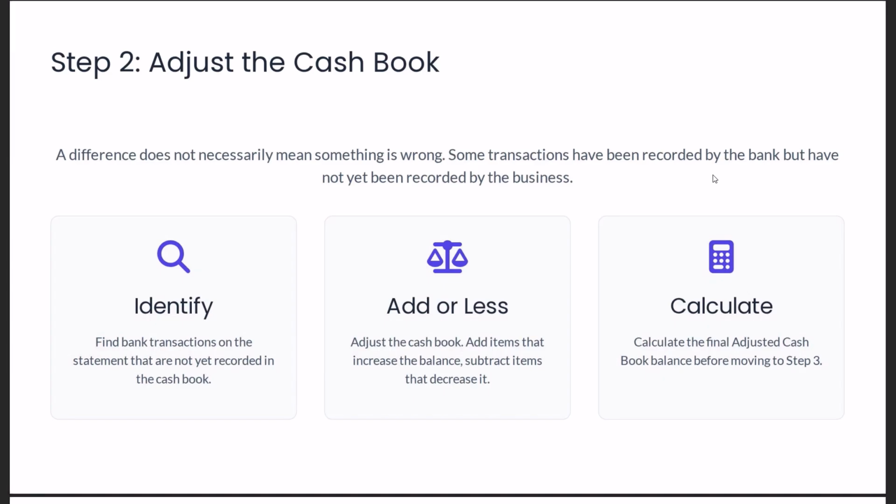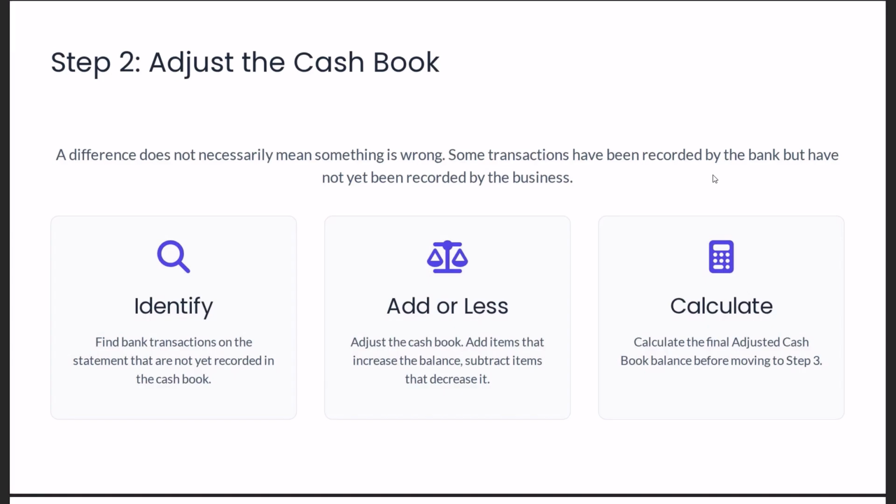It just means that certain things are recorded in the bank statement, but they are not necessarily in the records of the company, or the opposite. Let's learn about these 3 steps.